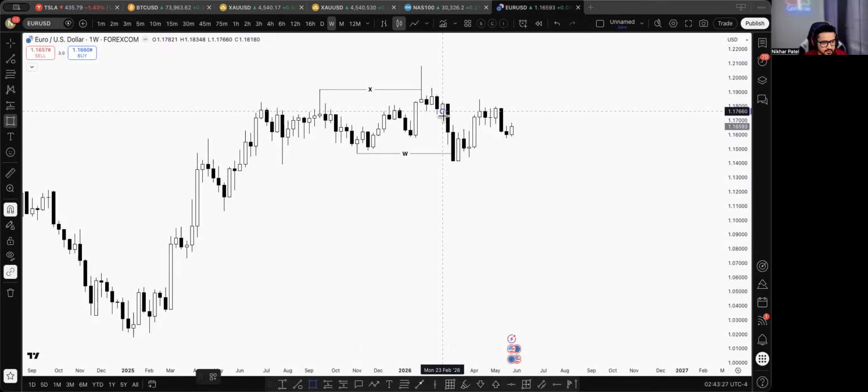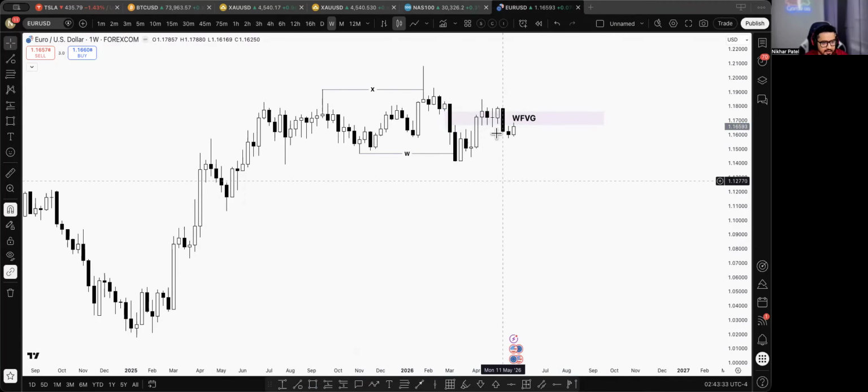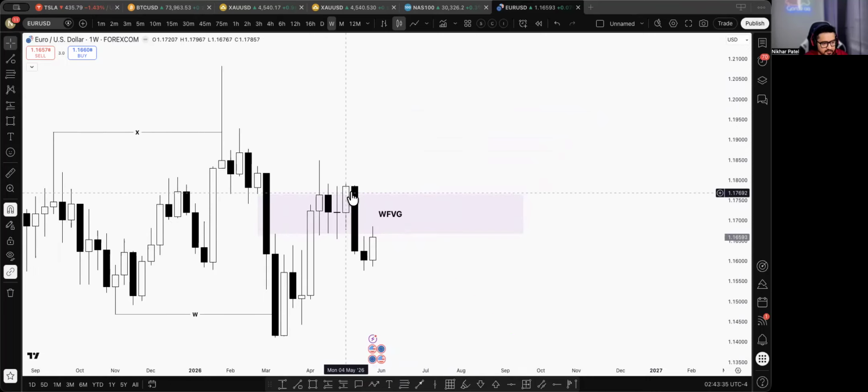We had this weekly fair value gap, which price has shown to have been respecting. And now, once this weekly fair value gap was mitigated, we had a bearish move to the downside. And if you see, there is another weekly fair value gap, which was formed as a result of the bearish continuation, and price seems to be mitigating this in the last week.